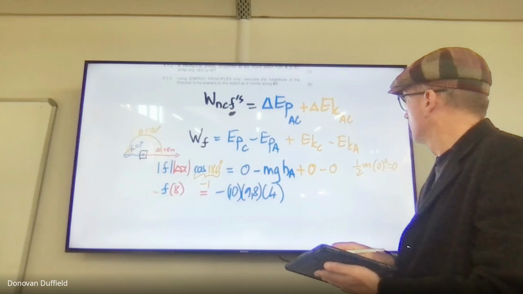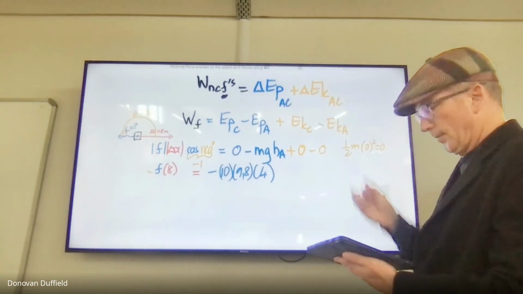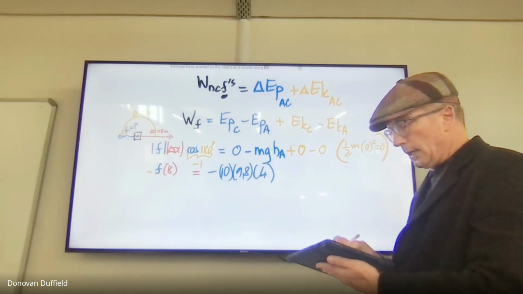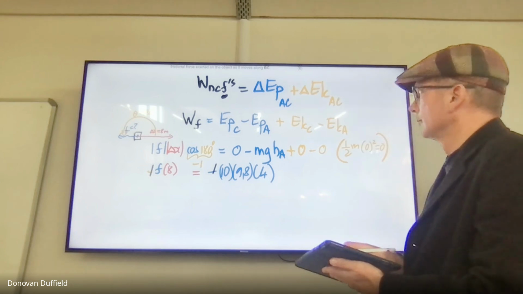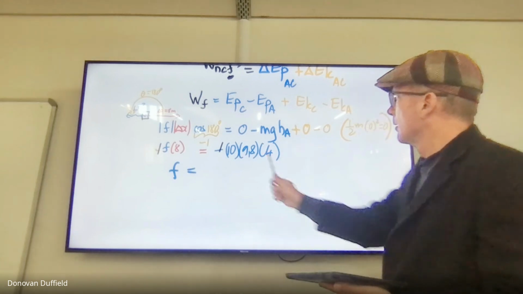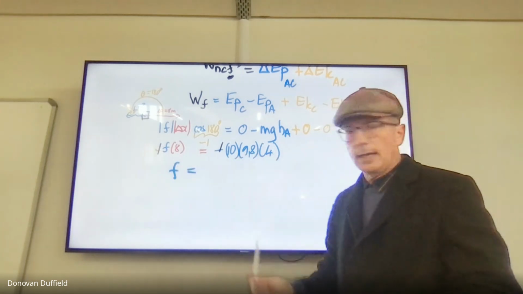And that's it, because this is all 0. So now we can say, okay, well, the minus signs cancel. And so to work out the friction, we say, okay, this times this divided by 8.